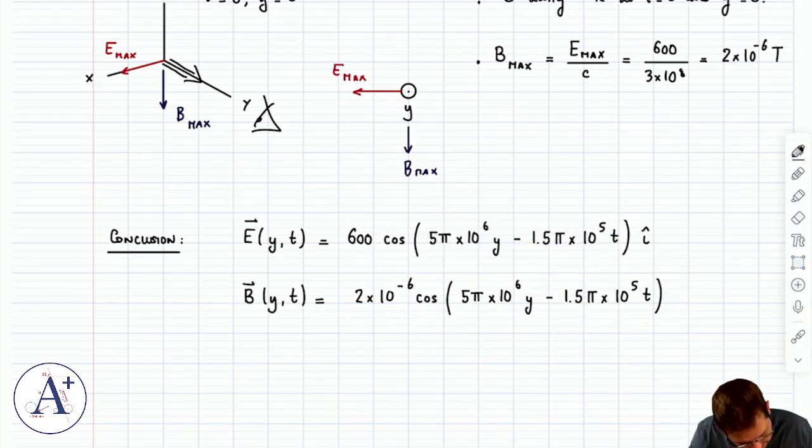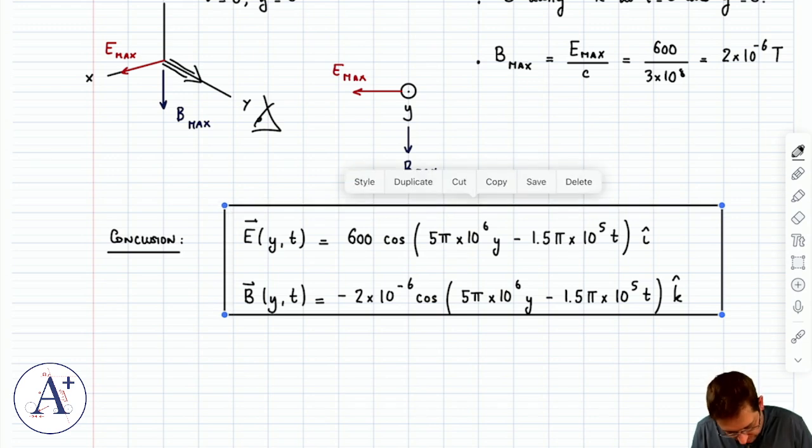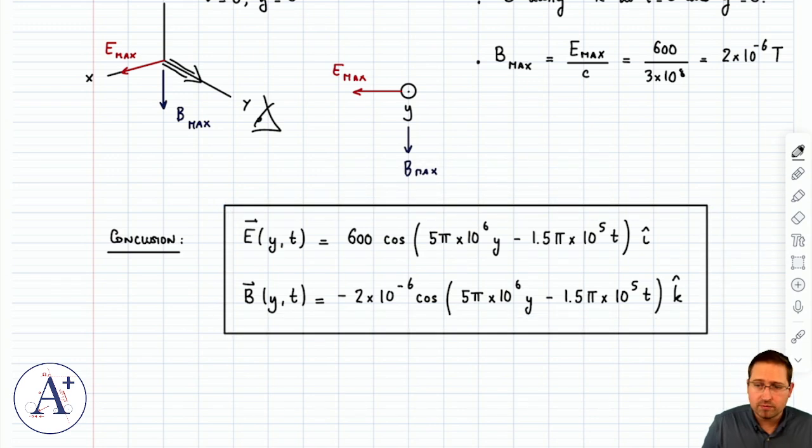The only difference is that B is going to be along minus k hat initially, so I'm going to put minus k hat like that. And I found E and B for this wave. Super classic problem, completely fair game. Expect no less on a test if you have an EM waves question. Be very surprising to not get that at all.